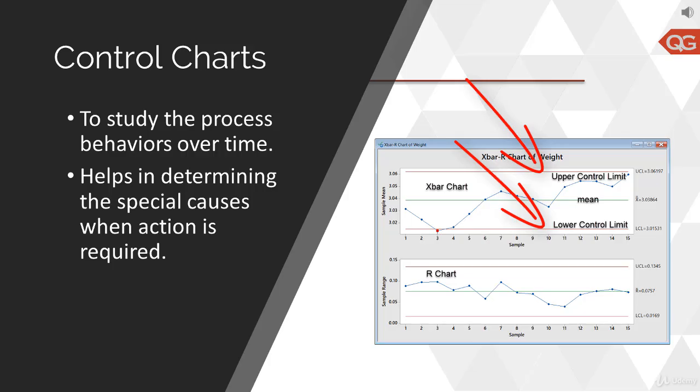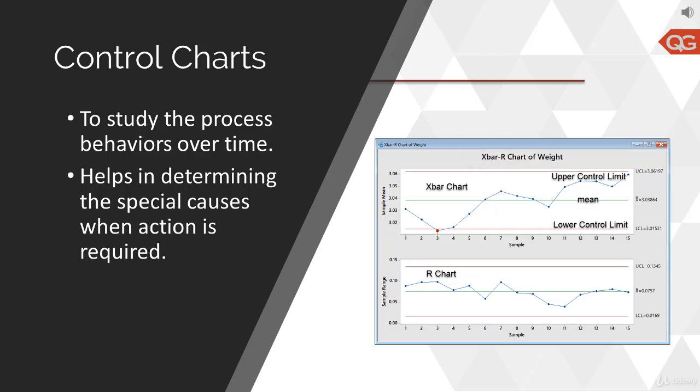So anything which falls within these two limits, upper control limit and lower control limit, anything between these two lines is considered to be acceptable or within control, because this is something which is because of common cause. Anything has fluctuation, so it's considered that anything between these two lines is that sort of a fluctuation which happens everywhere. But then anything which goes out of this line is considered to be because of special cause.